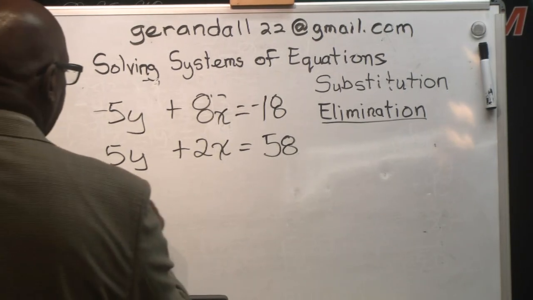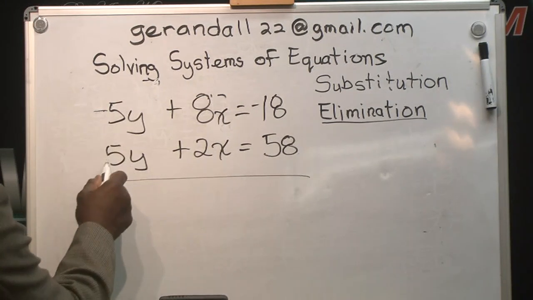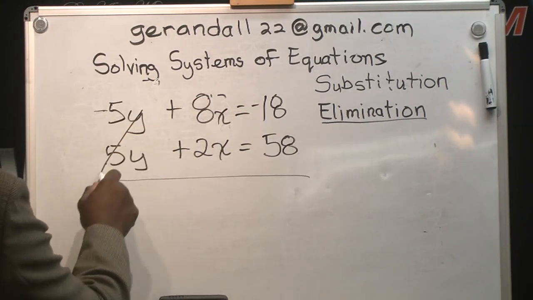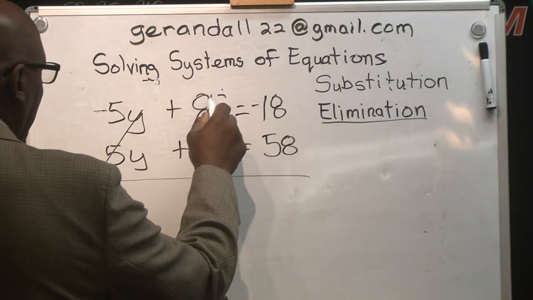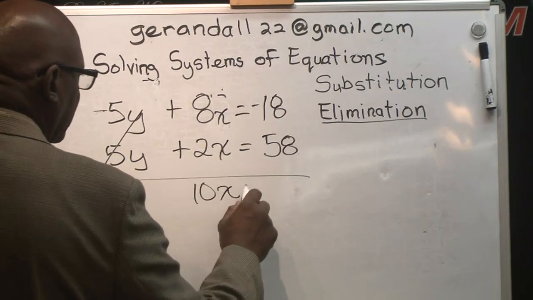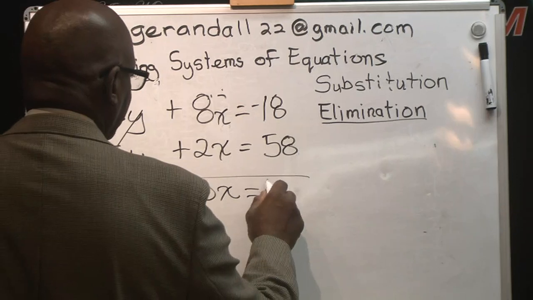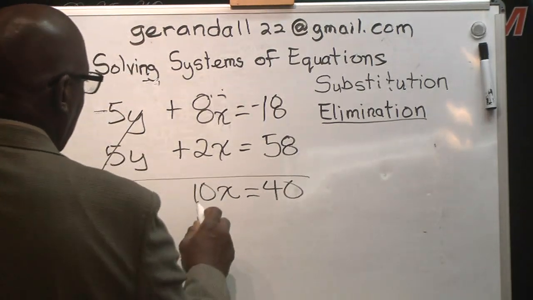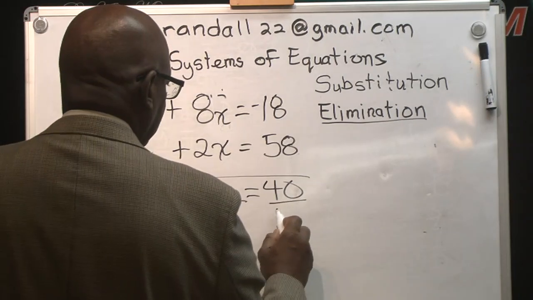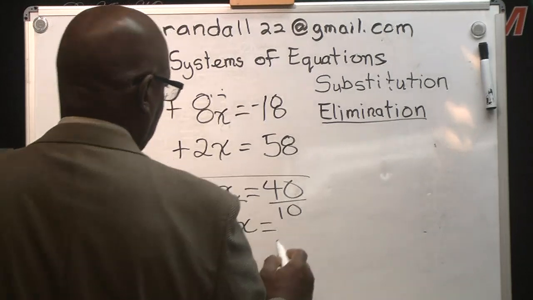And again, we look at elimination. We have a minus 5 and a plus 5. So if we add down, that's eliminated. Here, 8x plus 2x is 10x. Minus 18 plus 58 is 40. How do we undo multiplication? We divide by 10. x equals 4.